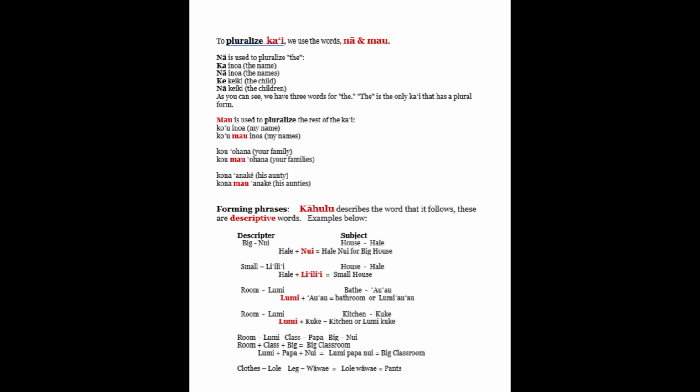So nā is used to pluralize. Kaʻinoa is the name. So let's take some examples. Inoa is singular for the name. Nā inoa is plural for the names. Ke keiki, the child. Nā keiki, the children.